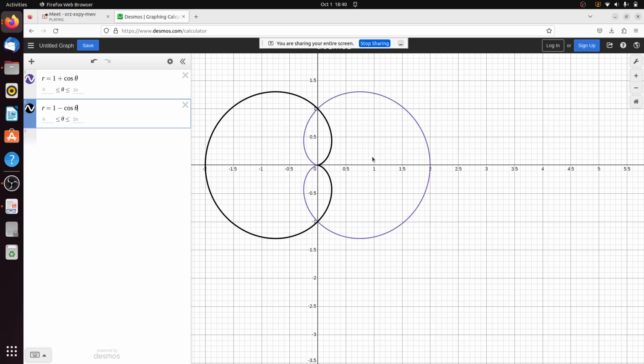So that is the cardioid, and you have to integrate along this cardioid.